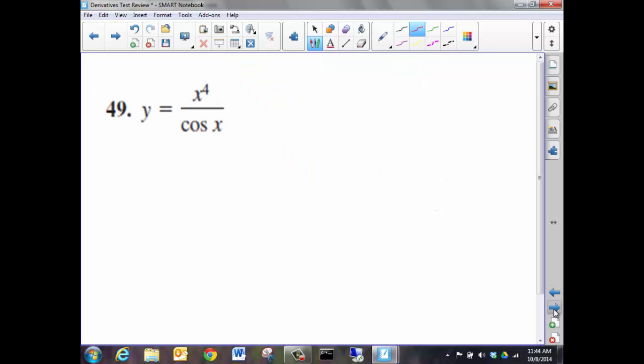Now, what about here? Quotient rule. I would definitely do quotient rule here. Be sure you know your sine, cosine, tan, secant, all that stuff there. So here, low D high, 4x cubed, minus high D low, derivative of cosine is minus sine.